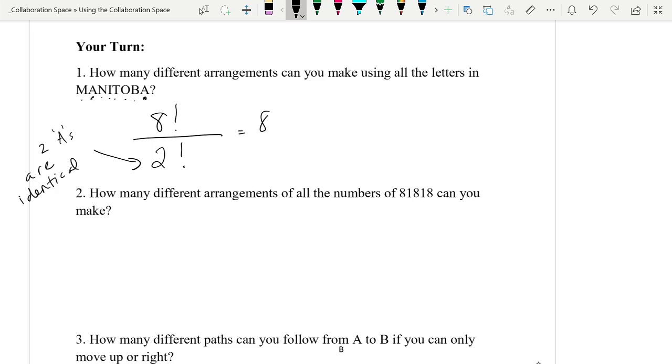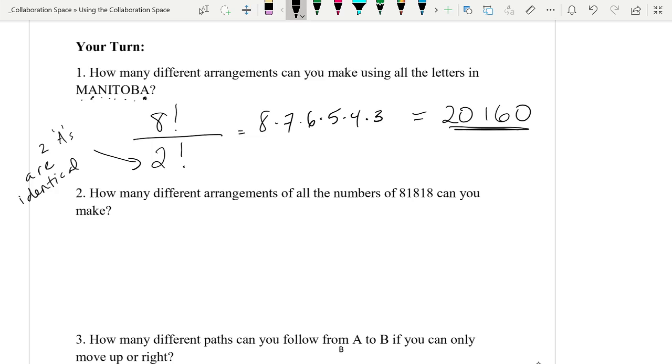I don't feel like reaching for all those calculators. 8 times 7 times 6 times 5 times 4 times 3. 56 times 120, no, 12 times 30. 56 times 360, I gotta reach for the calculator, I don't know what that is. 8 factorial divided by 2. 20,160 different ways to arrange the letters in Manitoba that will be different ways, right? When I say different ways, there'll be different words.